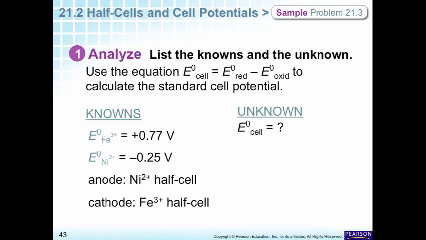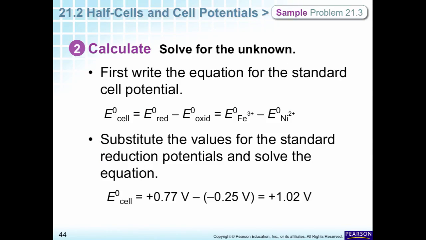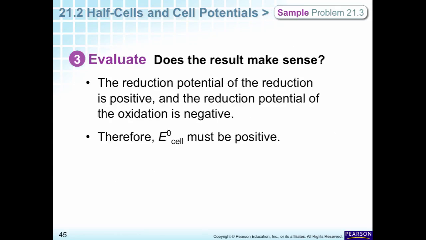That's our 2 values. We put them in the formula, and we get plus 1.02 volts. And it's positive, so if E0 is positive, it's spontaneous. So we can say that this reaction is spontaneous.